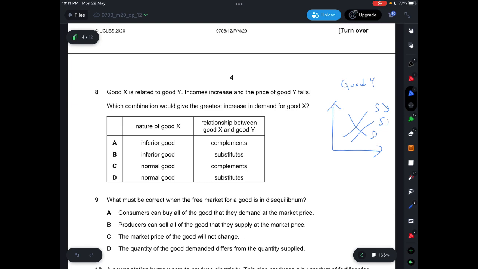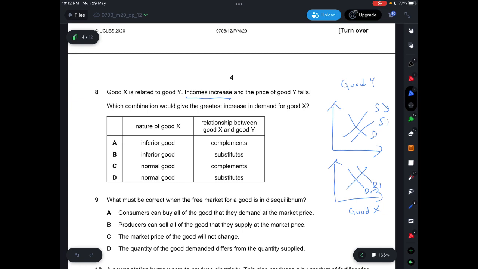So in order for the demand to increase greatly for good X, both of them have to be complements, because when there's a decrease in price, there is an increase in demand for good X. And when there's an increase in income, normally the demand for that particular good would have to increase as well.